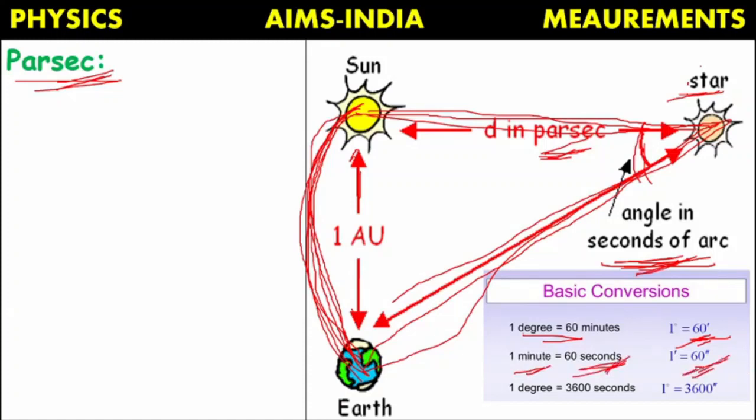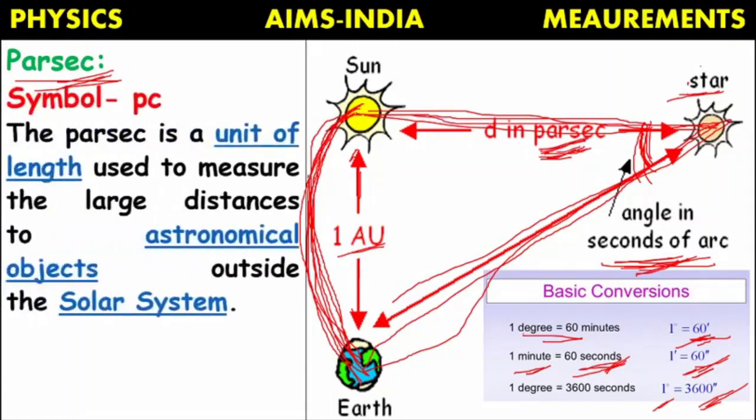So in 1 degree we have 3600 seconds, and this arc is one part of those 3600 parts. So if an arc of length 1 astronomical unit with a distant star subtends an angle of 1 arc second, then the distance between the sun and the star is called a parsec.